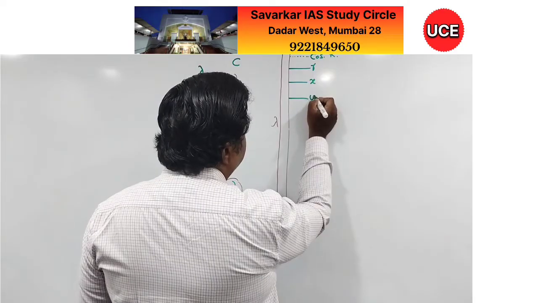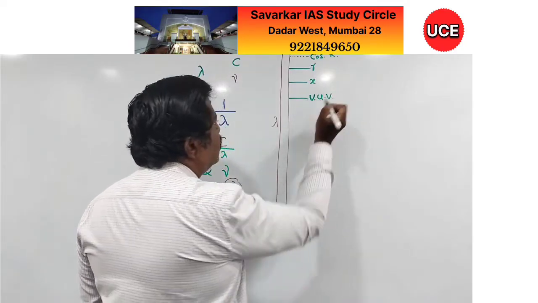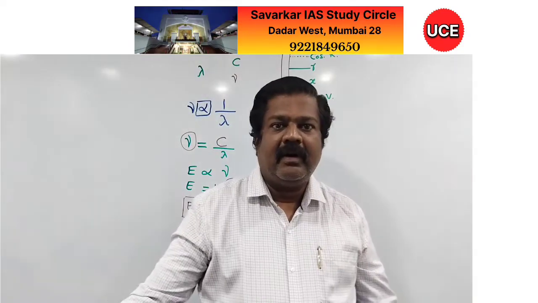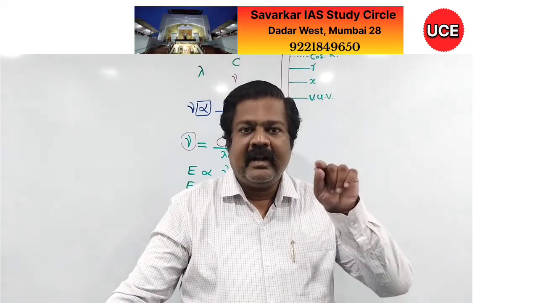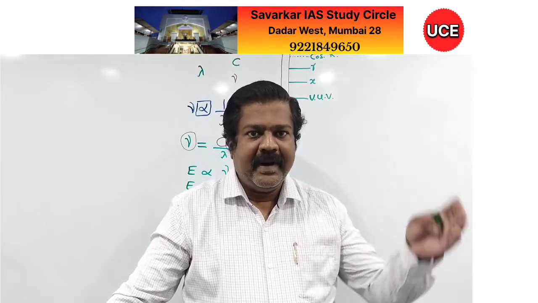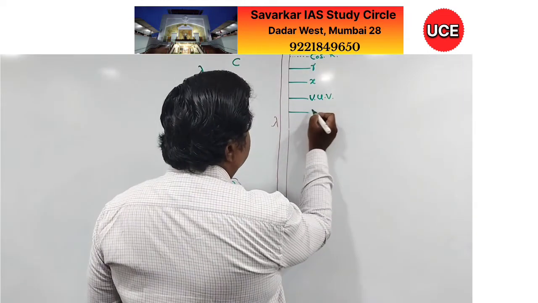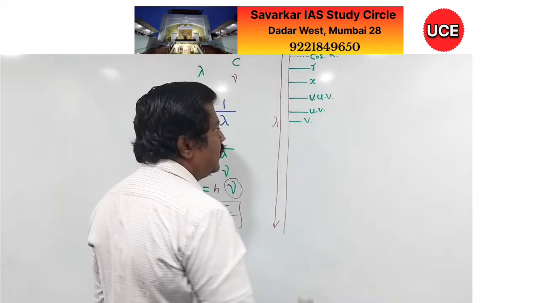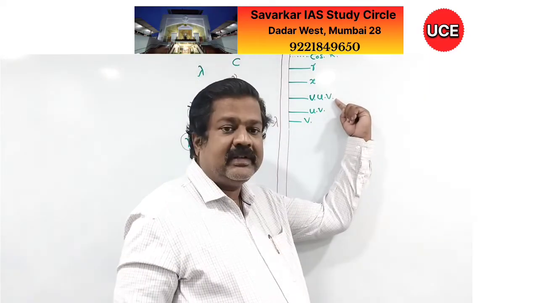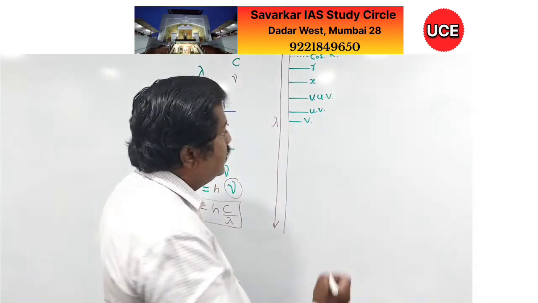Then ultraviolet radiations are there, but we are calling them vacuum ultraviolet. Why vacuum ultraviolet? Because their existence is only in vacuum. The moment they enter the atmosphere, they get absorbed. Then ultraviolet, then violet. So we can keep in mind the sequence this way: vacuum ultraviolet, ultraviolet and violet.